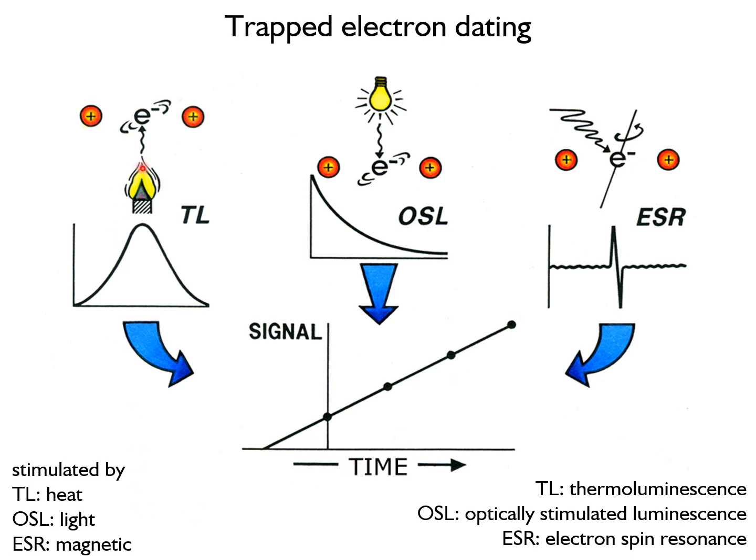And so there are three different techniques that were developed: thermoluminescence, optically stimulated luminescence, and electron spin resonance. Each of them measures the same thing, but in different ways, and the difference is how it is stimulated. By far, for dating, we use OSL.